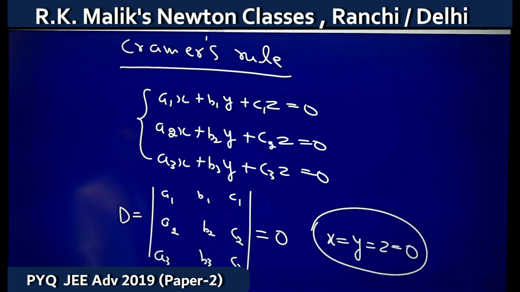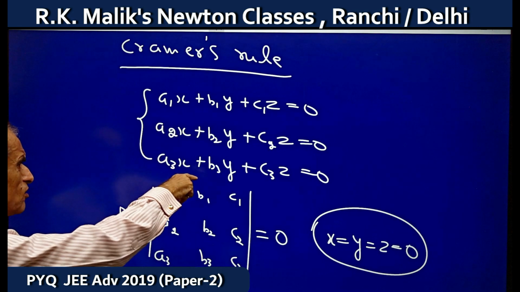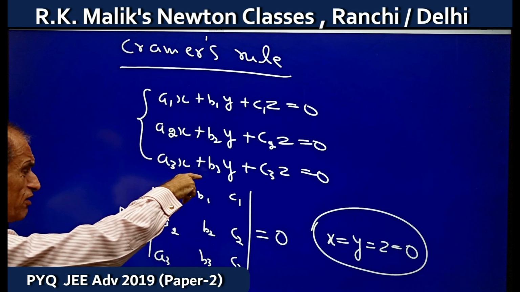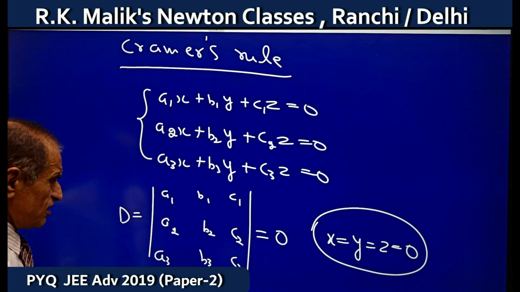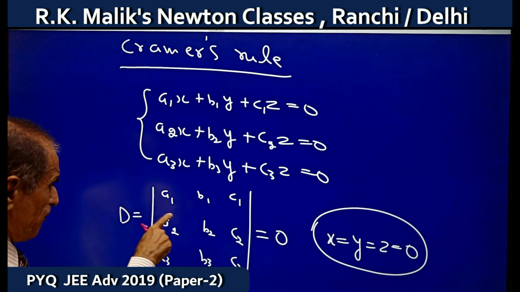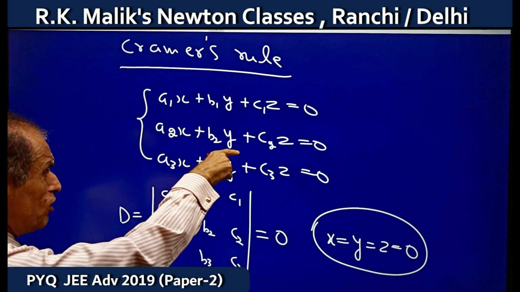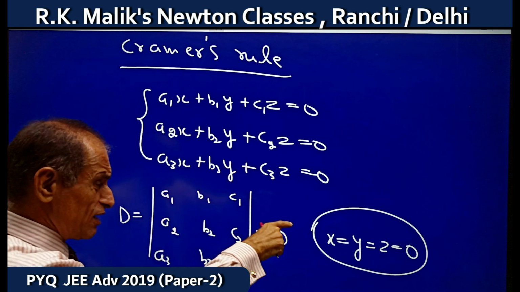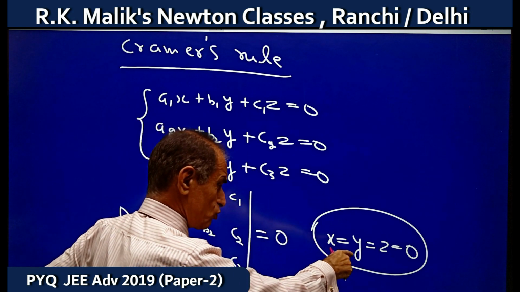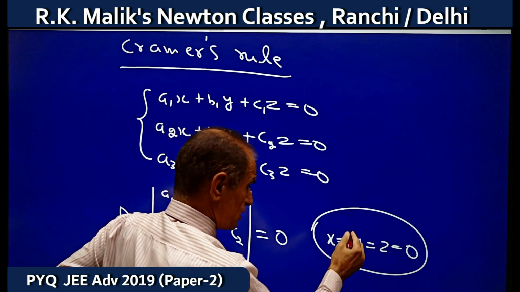And the next concept which should be known to you is Cramer's rule in case of homogeneous equations. If three homogeneous equations are given, then if capital D is non-zero, then there will be only one solution, and that unique solution will be x equal to y equal to z equal to 0.